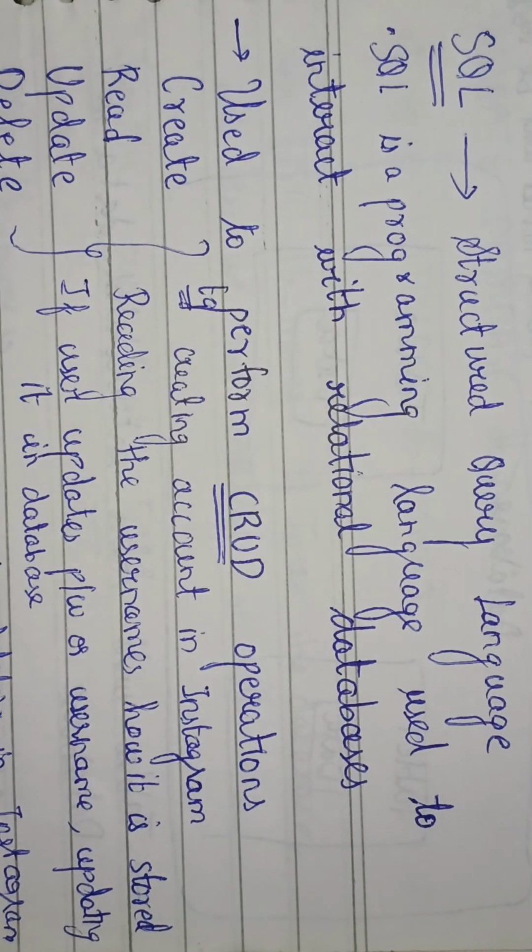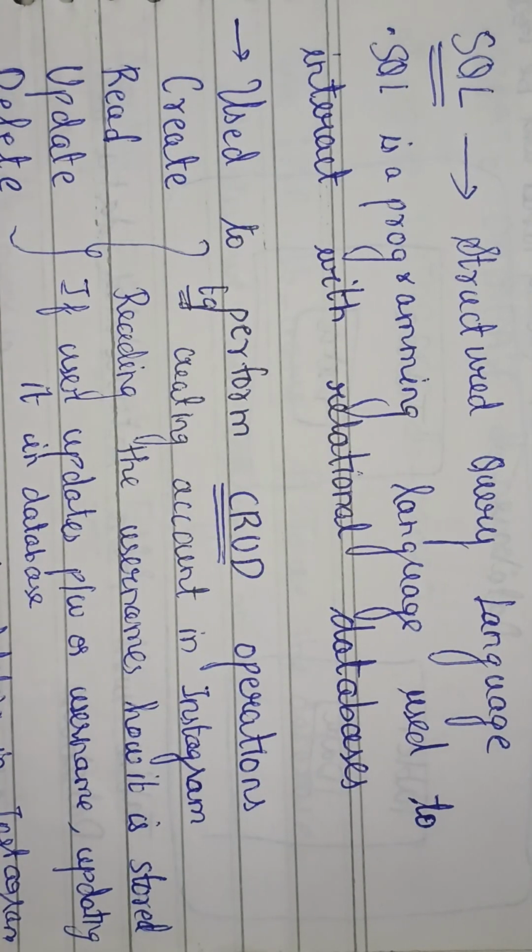Read means you are going to read the usernames and how they are stored in the Insta database. If a user updates a password or username, we have to go to the database and update those details.